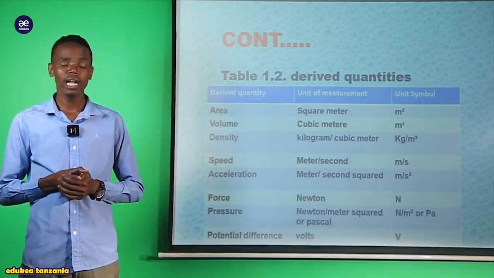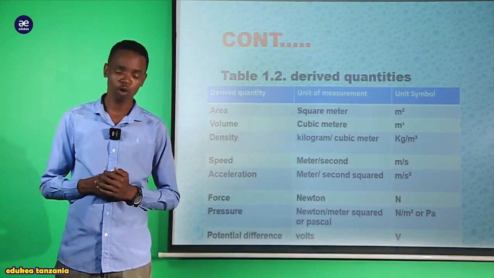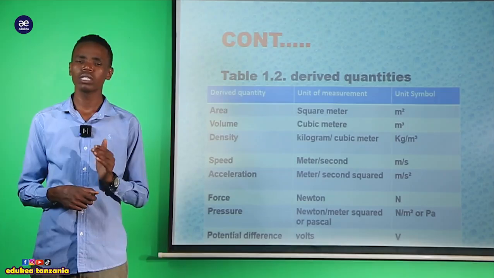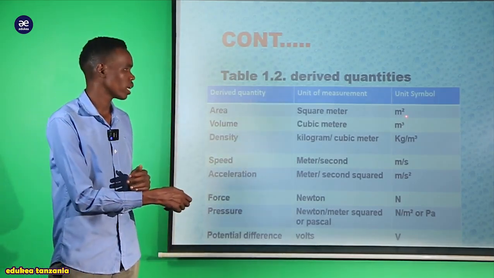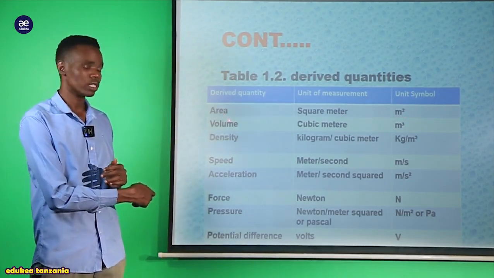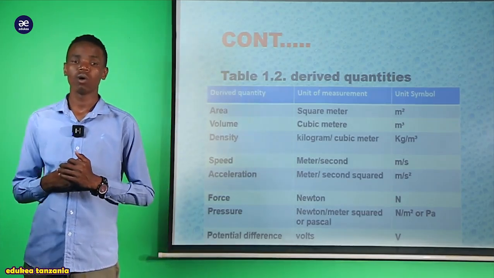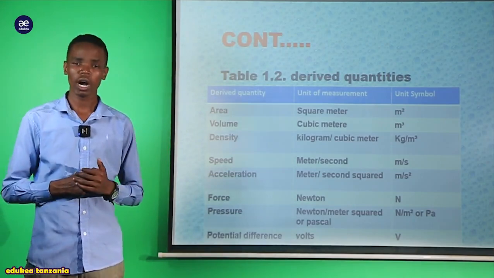We always measure area using the square meter. The unit symbol is meter square. So this meter square is the measure of area, which stands as a derived quantity.